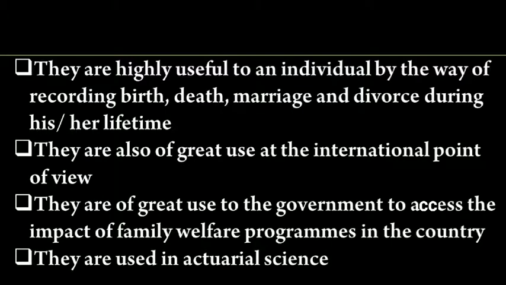And finally, they are used in actuarial science. What do you mean by actuarial science? Now, actuarial science means application of statistics in the field of insurance. You must have seen in the insurance companies, they calculate the premium of a particular person.